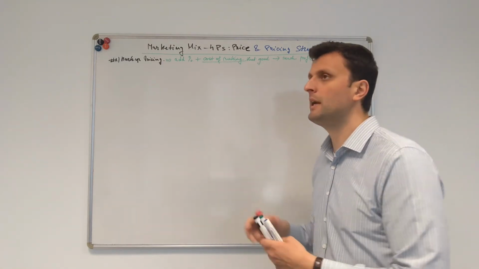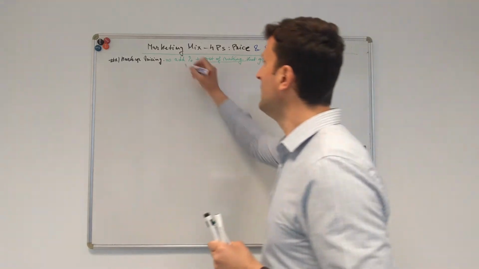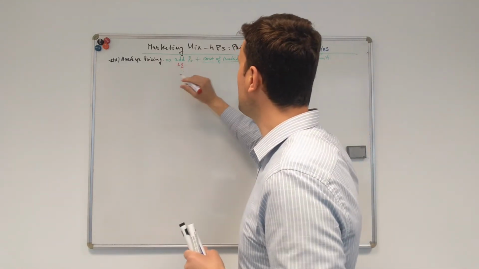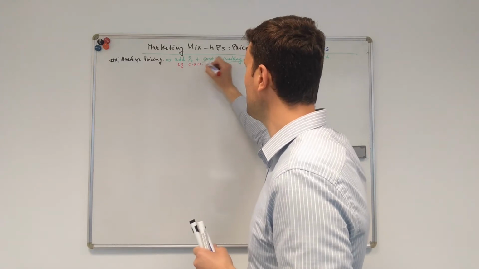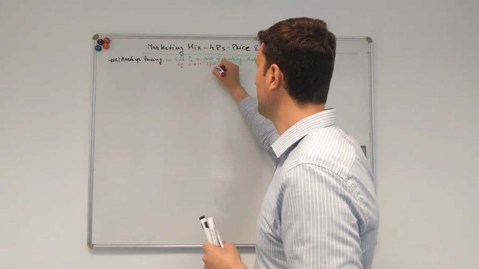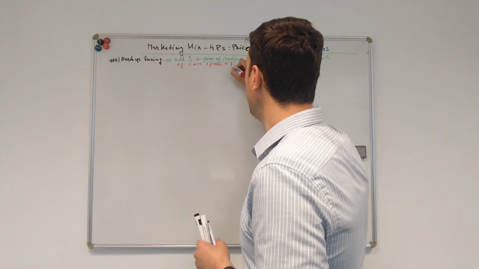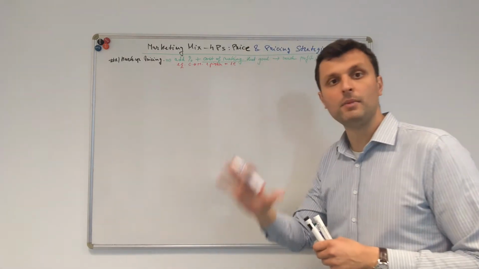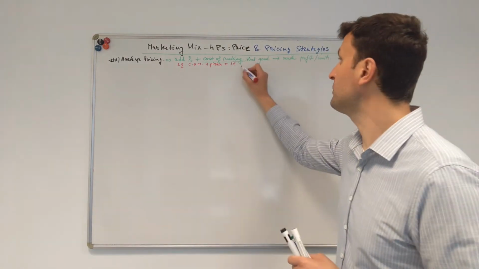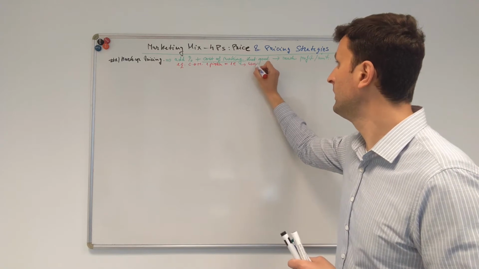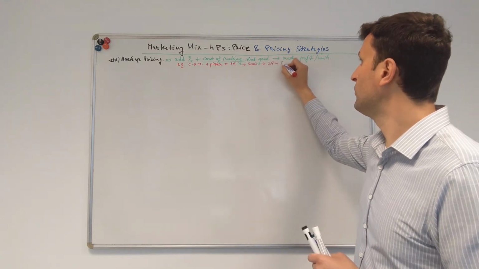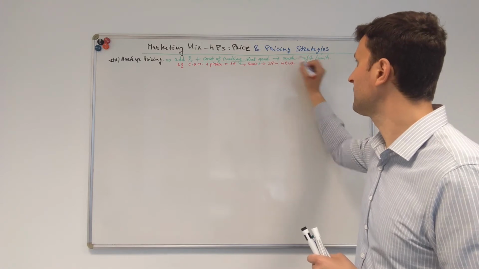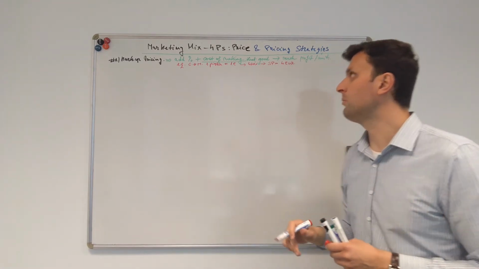So the best example I can give you is that if the cost of making one pizza is €1, I would strongly recommend that you go with a markup of 400% and sell that pizza for €4.